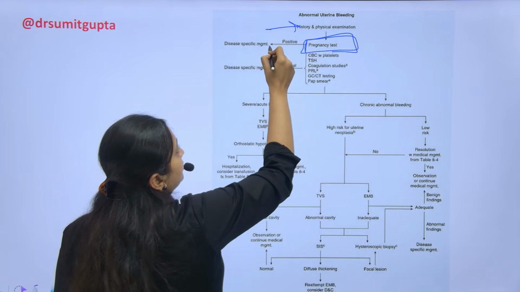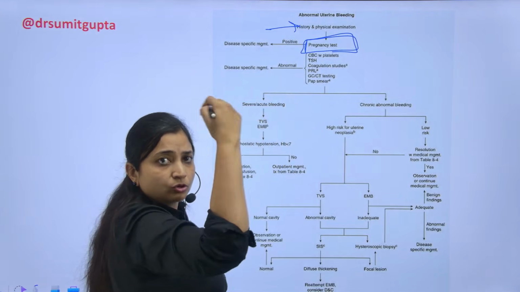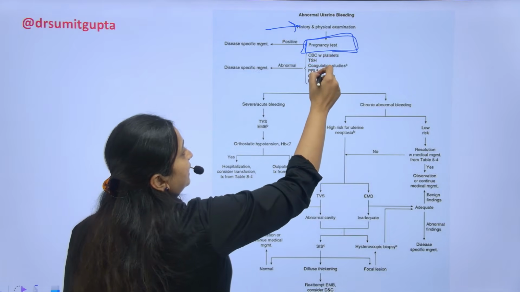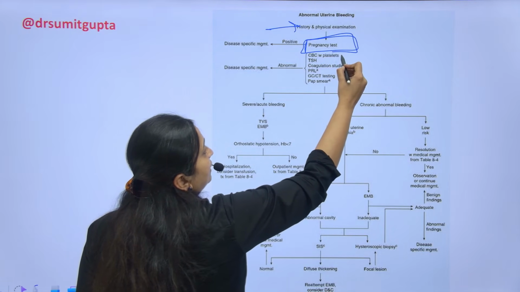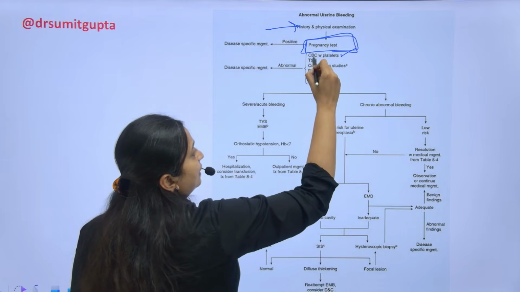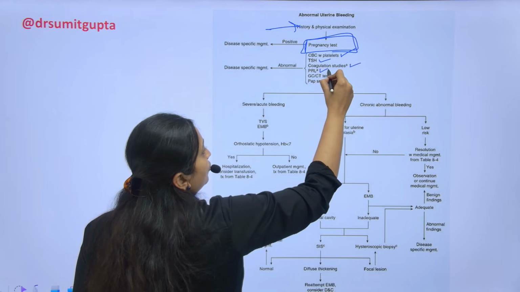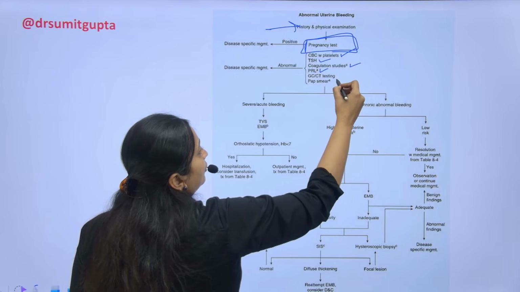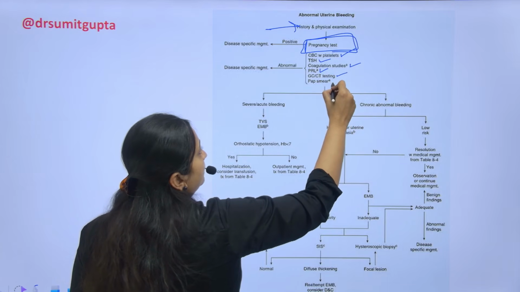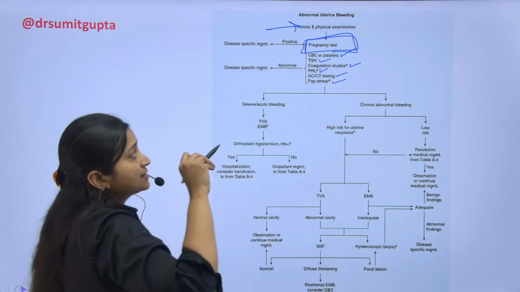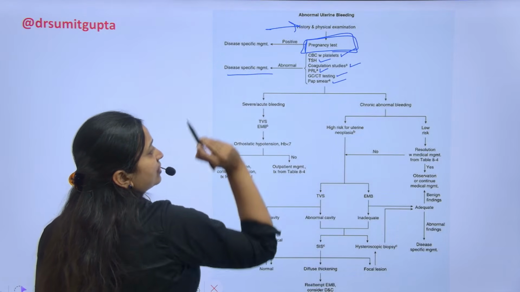If it is positive, the whole story is different. Go towards abortion, ectopic, whatever it is. And if it is negative, then complete blood count, hemoglobin, platelet count, thyroid, coagulation studies, prolactin, look for any infections and pap smear. If anything comes out abnormal in this, then go for specific management.